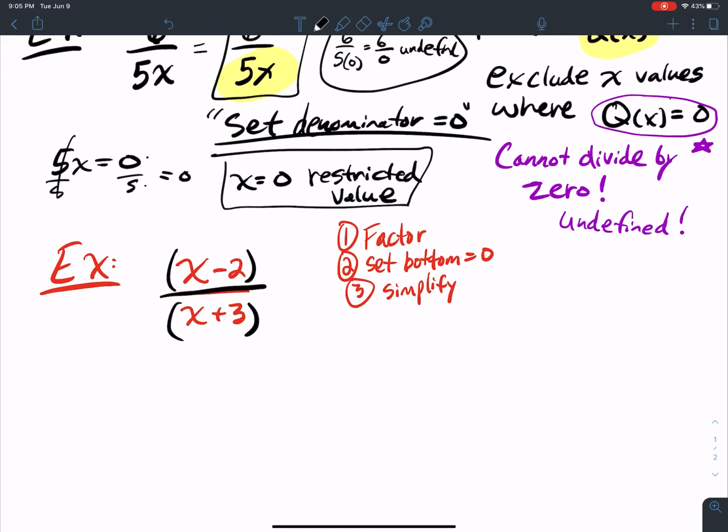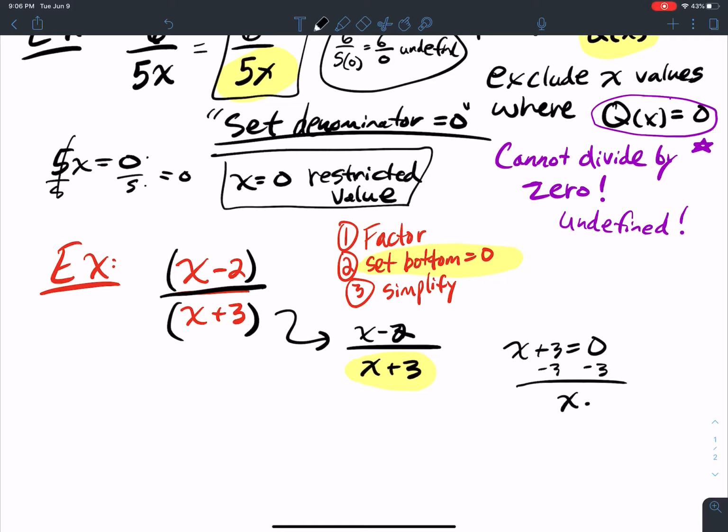So this is the answer, x minus 2 over x plus 3. Now, I set the denominator equal to 0. That's x plus 3. So if x plus 3 equals 0, subtract 3, x cannot equal negative 3.